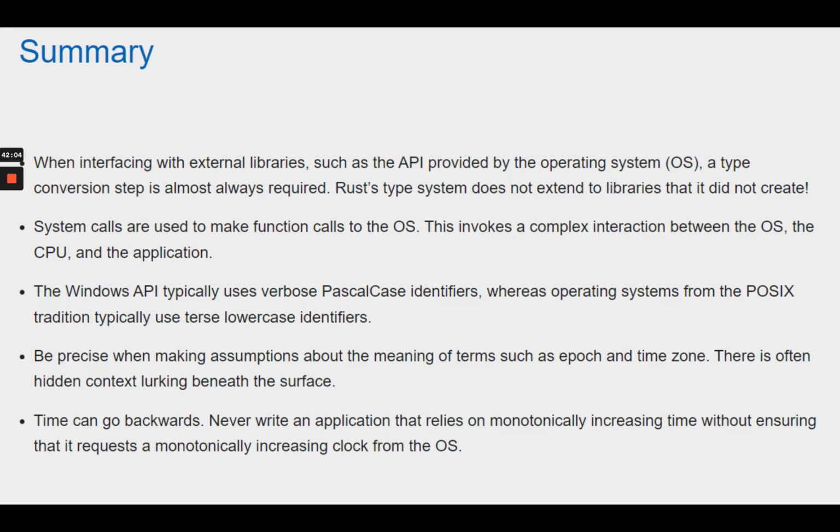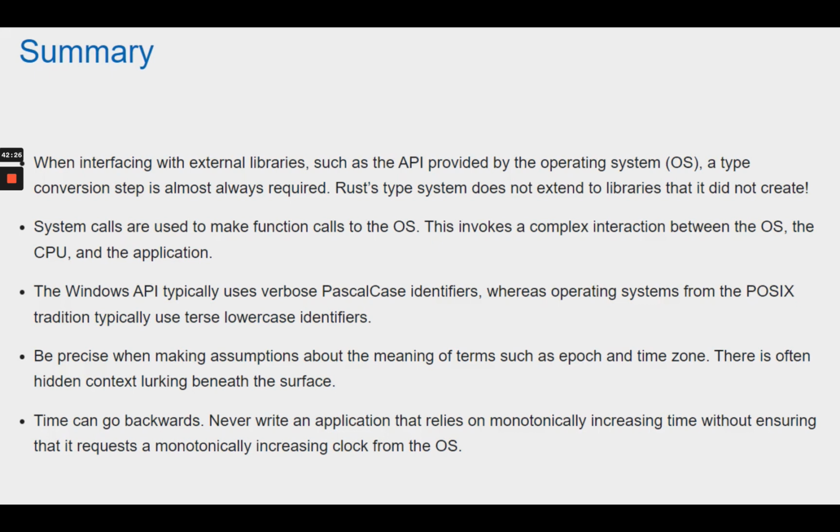System calls are used to make function calls to the OS. This invokes a complex interaction between the OS, the CPU, and the application. The Windows API typically uses verbose Pascal case identifiers, whereas operating systems from the POSIX tradition typically use terse lowercase identifiers.